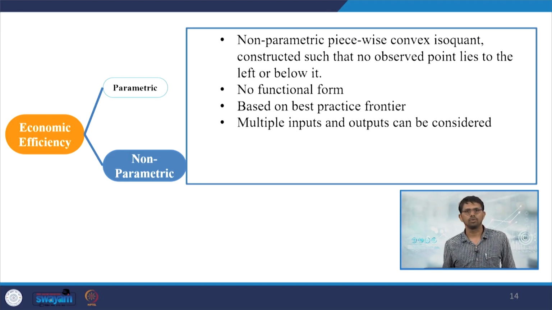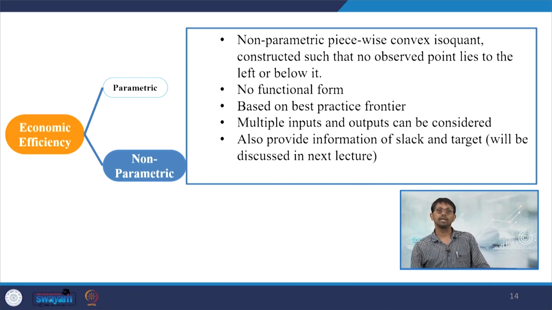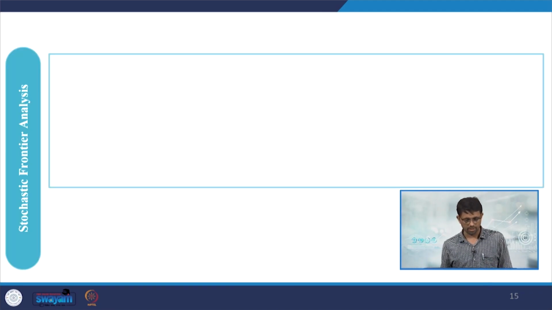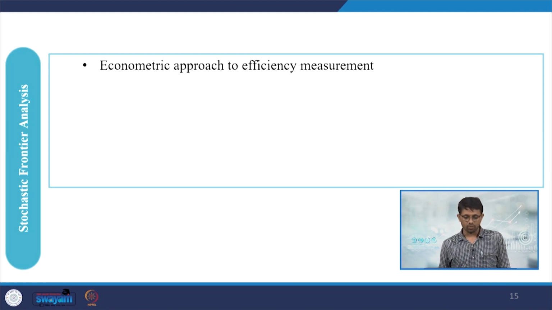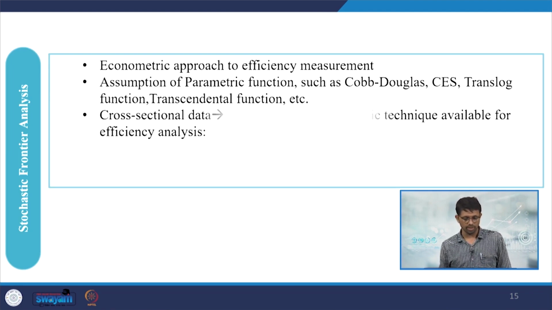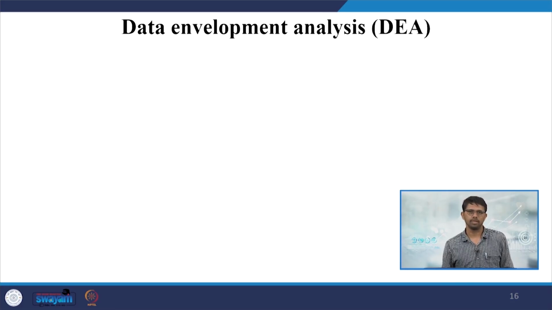Multiple inputs and outputs can also be considered, and this also provides information on slack and target. These will be discussed in our subsequent lecture. For the econometric approach to efficiency measurement, if it is parametric, we have already discussed it. So, in the case of cross-sectional data, as I already mentioned, we have to take the help of COLS and SFA.